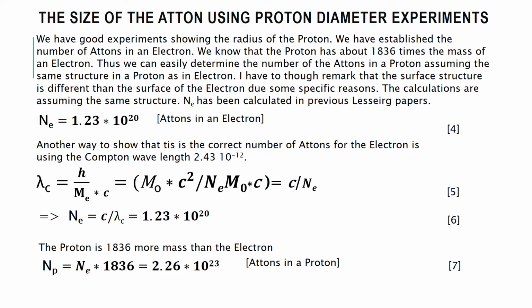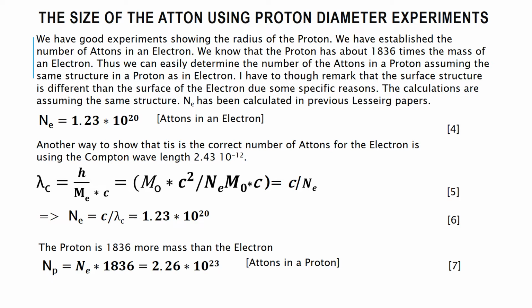The formula for the Compton wavelength is the Planck quantum divided by the mass of an electron times the light speed velocity. As I've shown in previous videos, the Planck quantum is nothing else than the mass of the Atton times c squared, because in reality the Planck quantum is an energy unit.